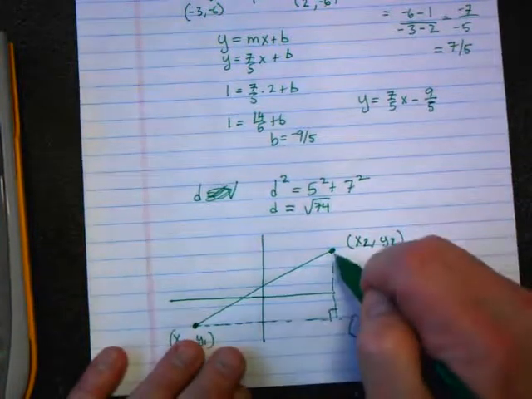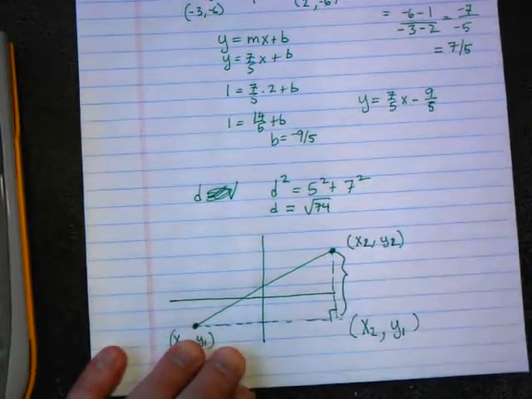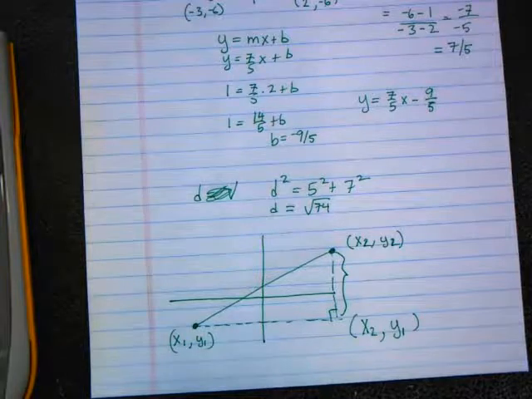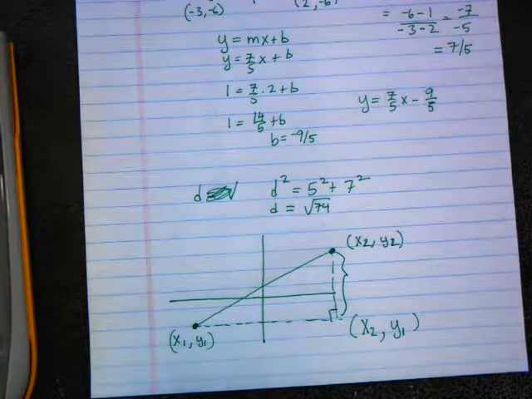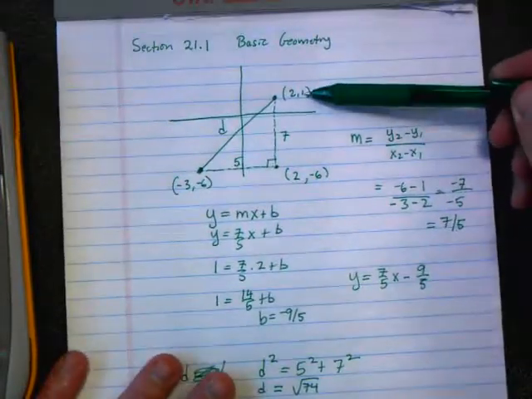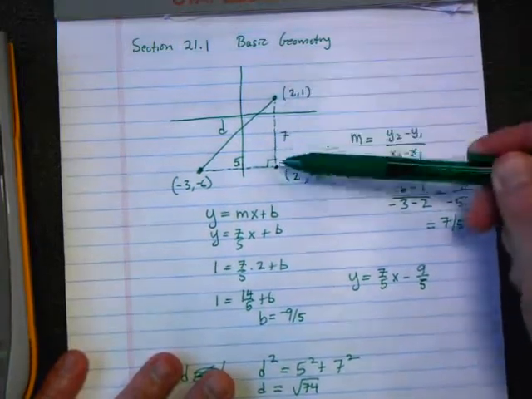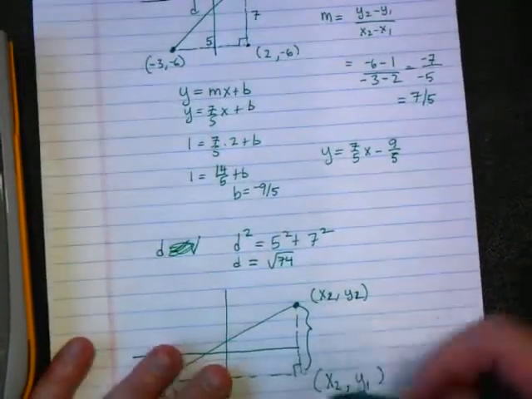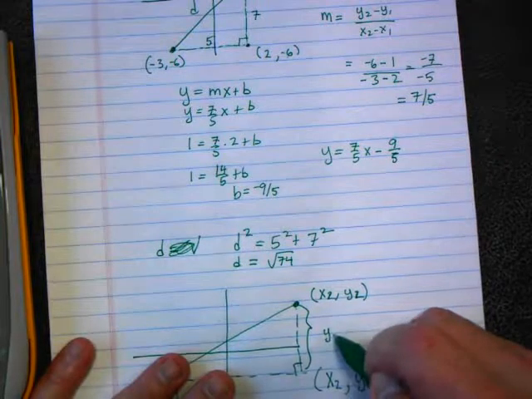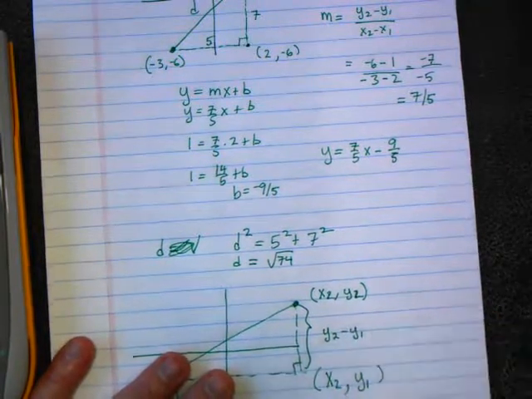Now, how long is that side right there? You're right, it's y2 minus y1. Notice that's what happened here. 1 minus -6 gave us that distance of 7. This distance right here is y2 minus y1.